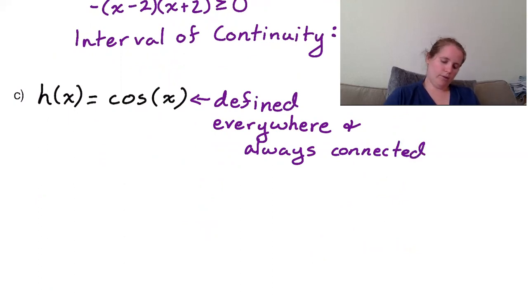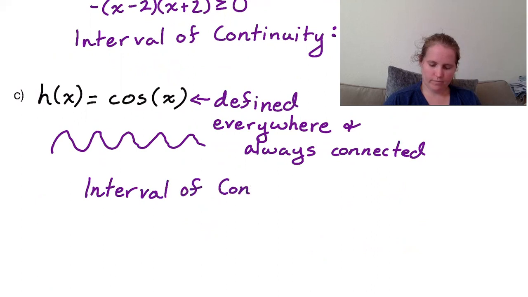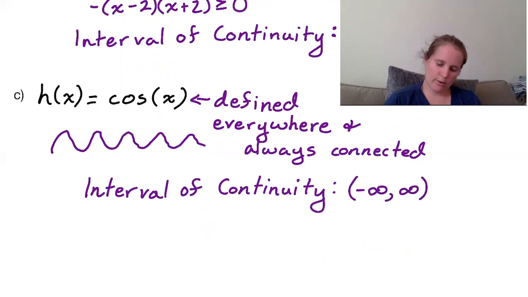If you think about the graph, cosine just repeatedly goes up and down and up and down over and over and over again. So the interval of continuity is the entire real number line. So you could either write this as -infinity to infinity, or we could just write it as our fancy R for all real numbers.